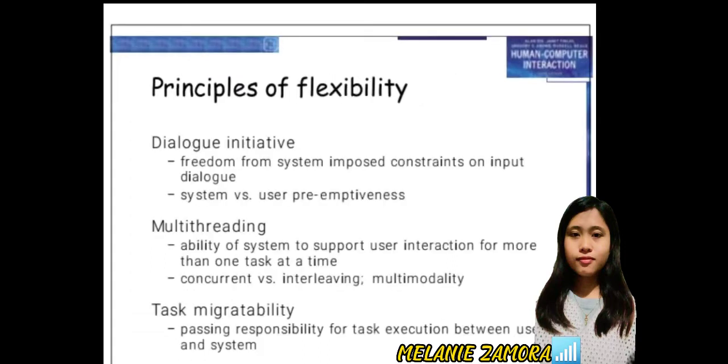And we have principles of flexibility. Dialogue initiative: freedom from system-imposed constraints on input dialogue, system versus user preemptiveness. Multi-threading: ability of the system to support user interaction for more than one task at a time, concurrent versus interleaving, and multimodality. Task migratability: passing responsibility for task execution between user and system.